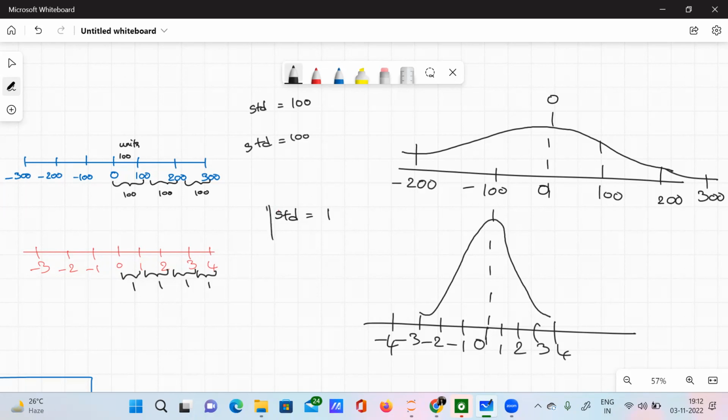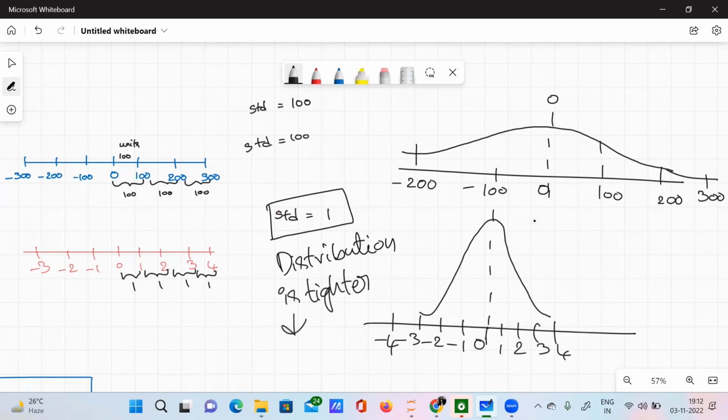If the standard deviation is very less, then we can say the distribution is tighter. It is having a tighter distribution. That means we can say it is a better kind of data. It has the better distribution, better data, you can call it.